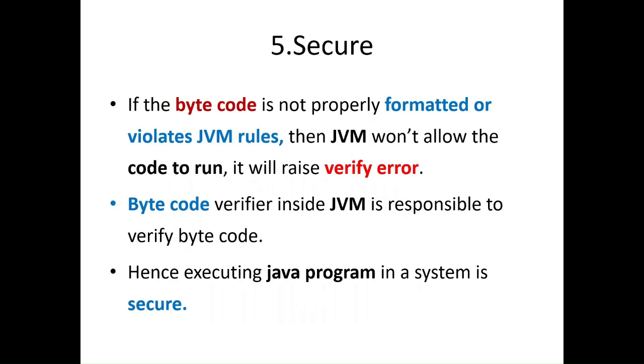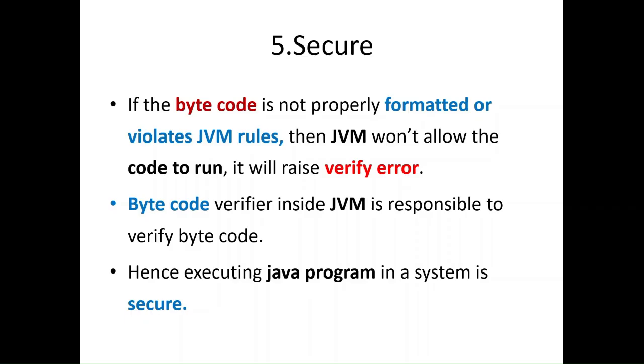Java is very secure because once the source code is compiled, it is converted to bytecode. When the bytecode is transferred to another platform, the JVM will be there. The JVM has a bytecode verifier that checks the integrity of the bytecode received.